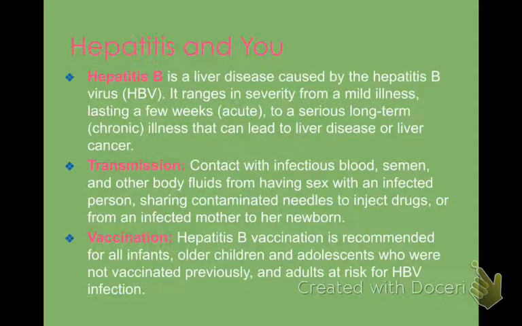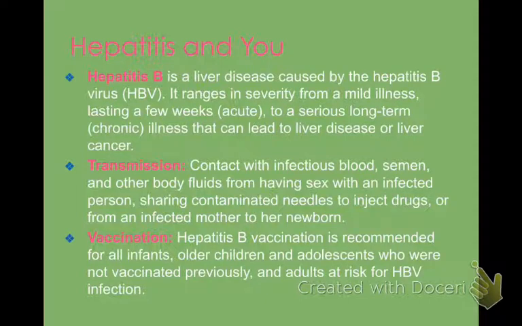Hepatitis B, HBV, again, is a liver disease. It can have serious long-term effects, but it also could be very mild. This is transmitted through infectious blood and other bodily fluids. It can also be spread by sharing contaminated needles. An infected mother can also pass it to her newborn.